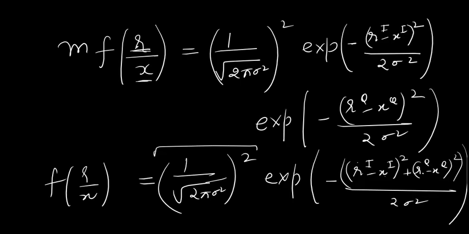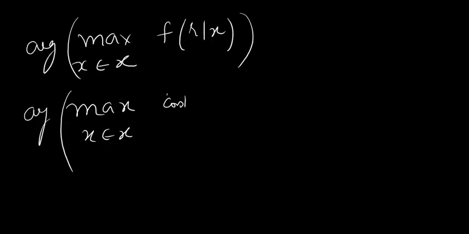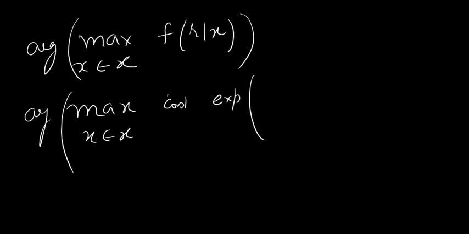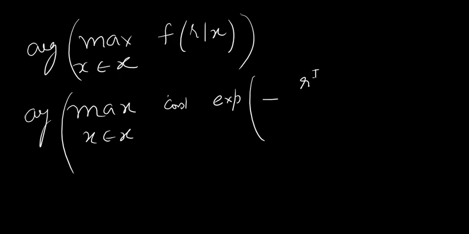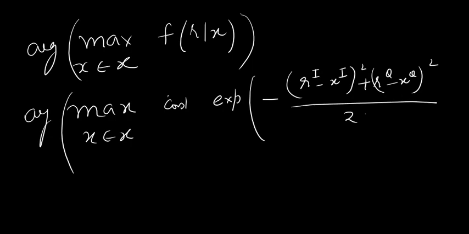This will be fixed. Only this part will change: exponential of minus (Ri minus xi) whole square plus (rq minus xq) whole square. You can ignore the constant term because it does not contribute in the maximization process. Our aim is to find x hat.